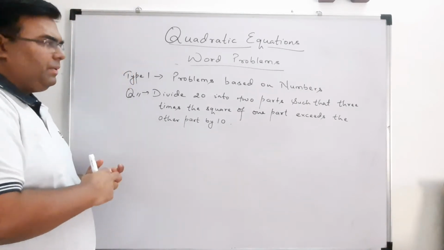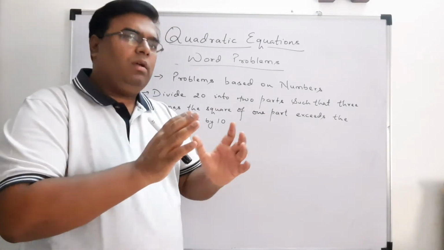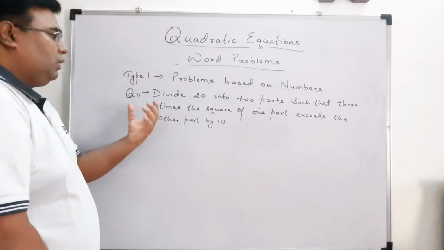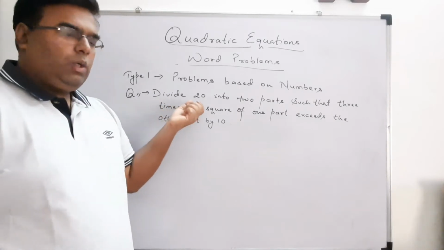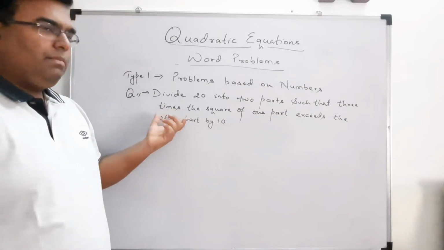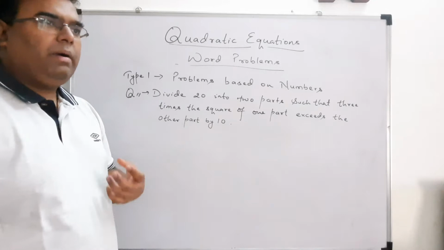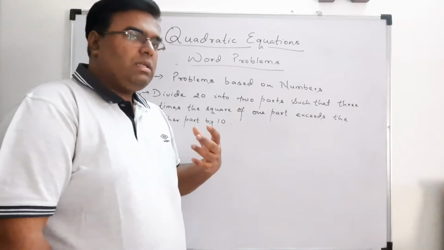So my first type is problems based on numbers. We want to play with numbers here. The question is: divide 20 into two parts such that 3 times the square of one part exceeds the other part by 10. First you need to understand the question.